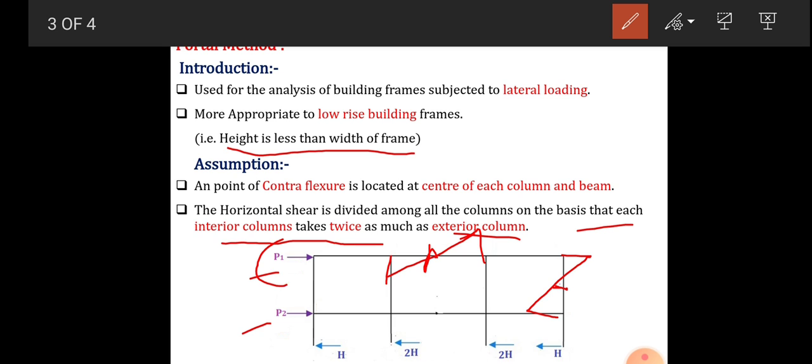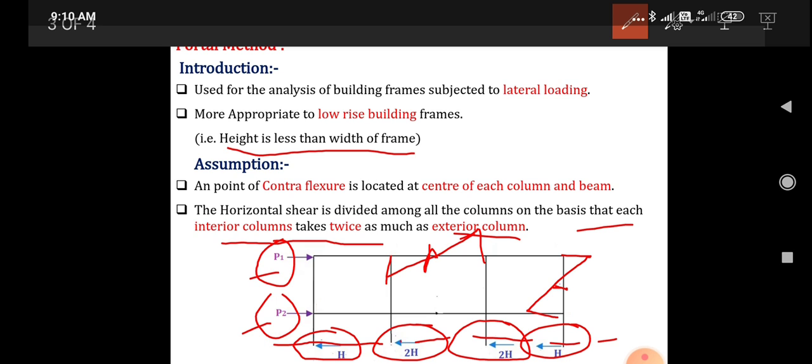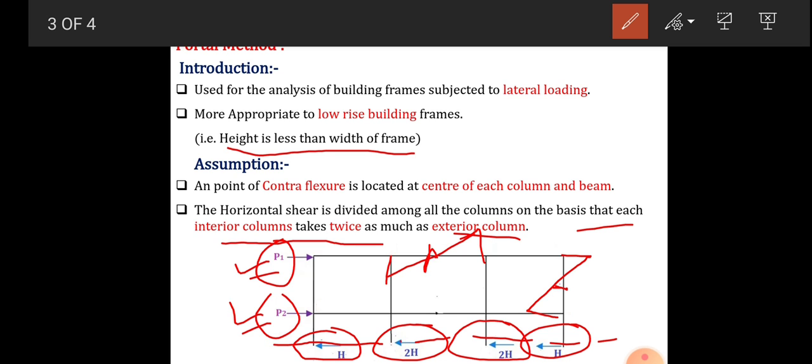If there are two forces P1 and P2 acting on the frame, the shear on the two interior columns will be 2H, and the exterior columns take a shear of H. That means the exterior column creates H reactions in the horizontal direction to oppose P1 and P2, and the interior column takes 2H, twice that of the exterior column. So that is one assumption.